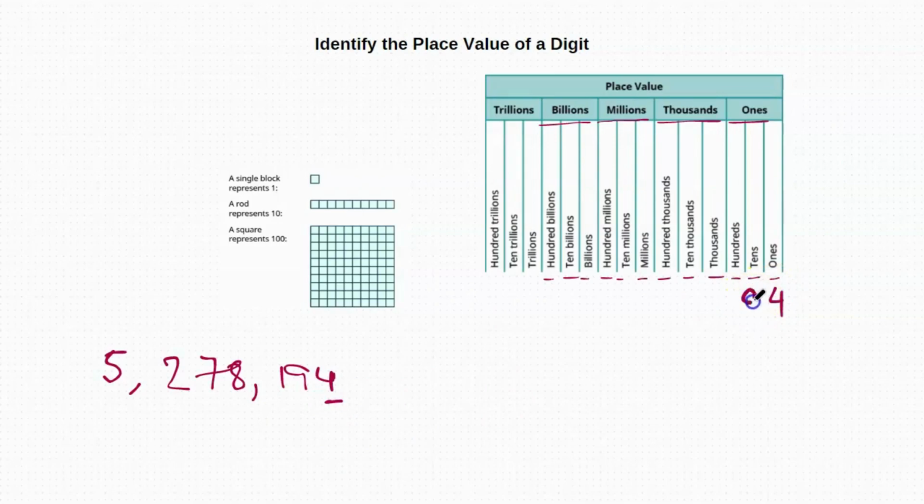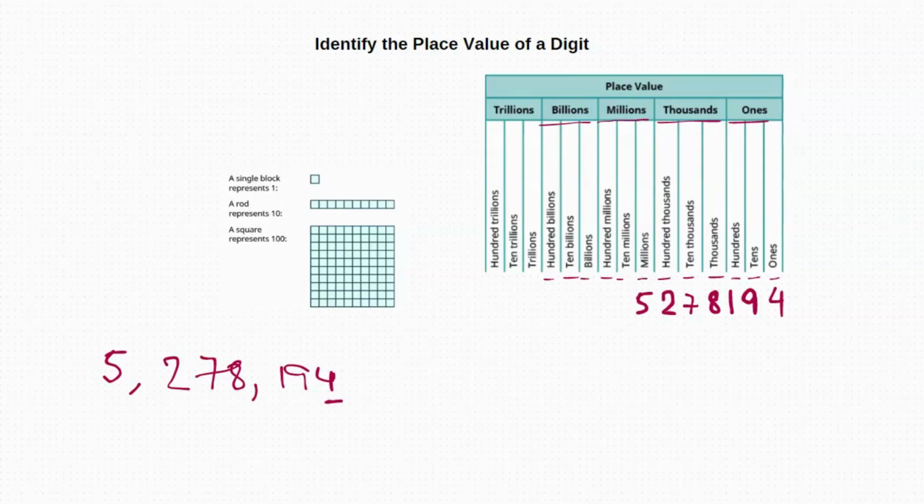Then we'll place 9 to the left of it, then 1, then 8, then 7, then 2, and then 5. This is how we put the number in the place value chart. We start from the very right and fill up from right to left.